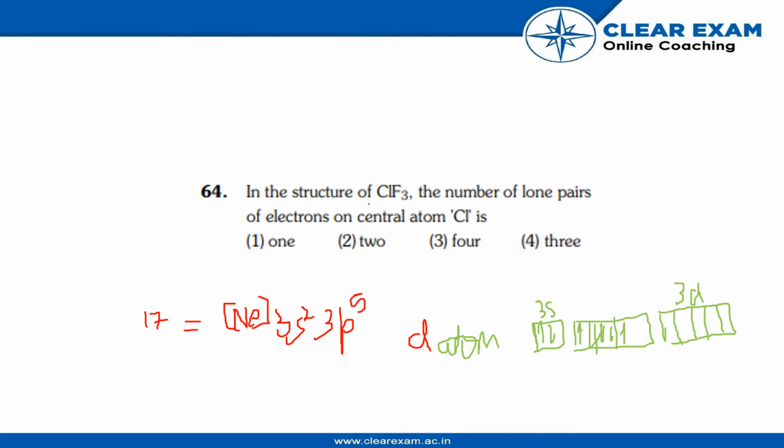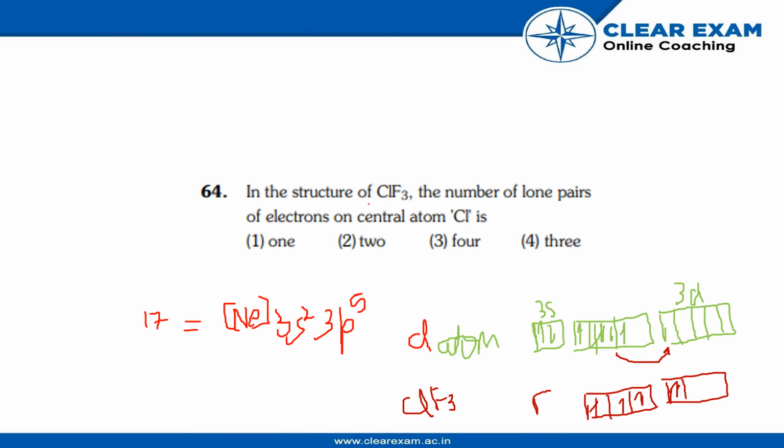So let's now see ClF3. For F3 it wants 3 electrons, so we will move this paired electron here, so it will be like 1, 2, 3, and this is 3d, 4.